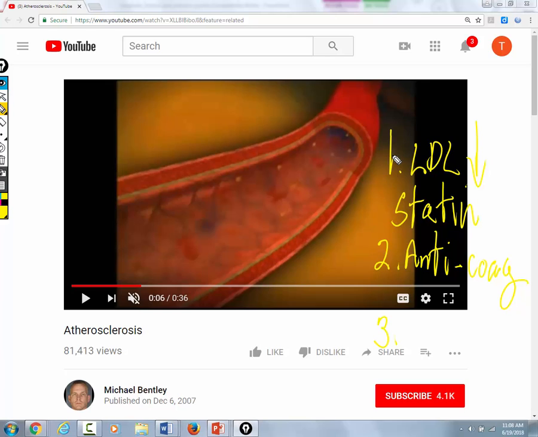And then number three, they're given beta blockers. And what do beta blockers block? They block epinephrine, right? What does epinephrine do to your heart rate and blood pressure? It increases it, all right?